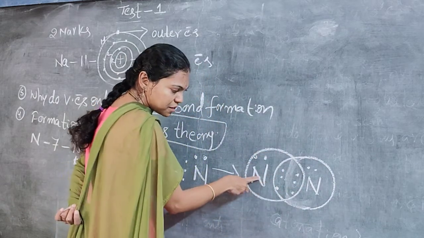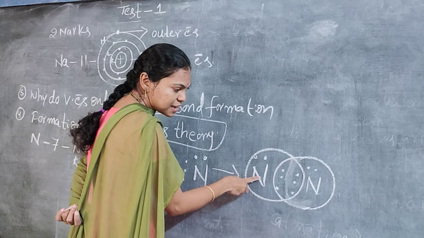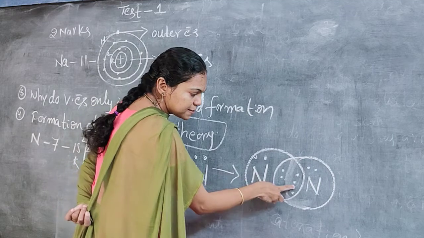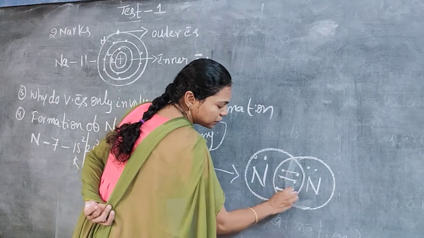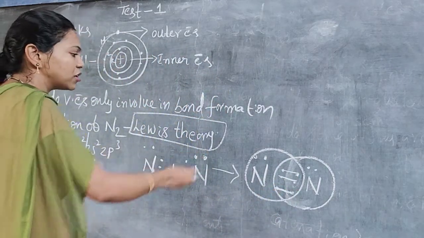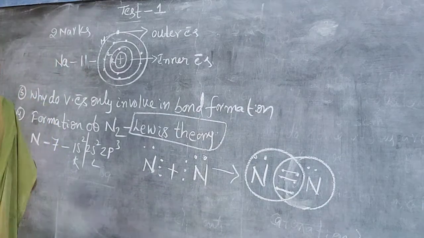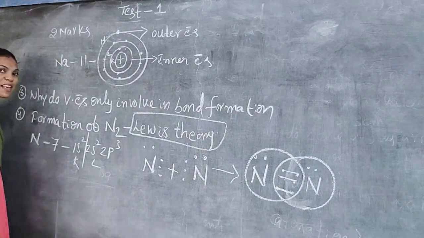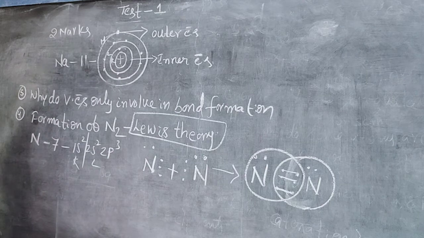These 3 electrons from each nitrogen are shared to produce the triple bond. Like this, you have to draw the diagram and write the matter. Nitrogen atom, atomic number 7, electronic configuration 1s2, 2s2, 2p3. In the outer shell, each nitrogen has 5 electrons.